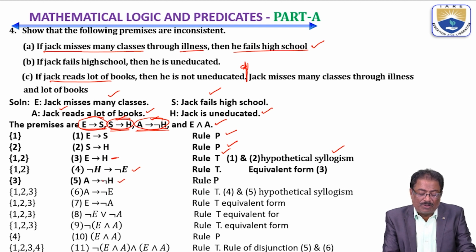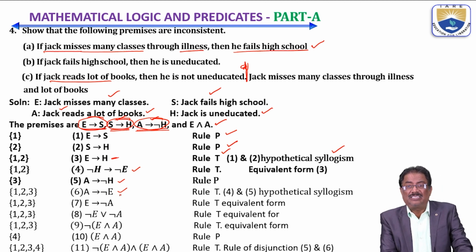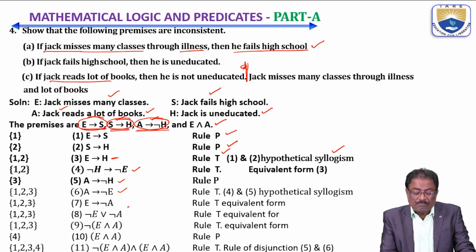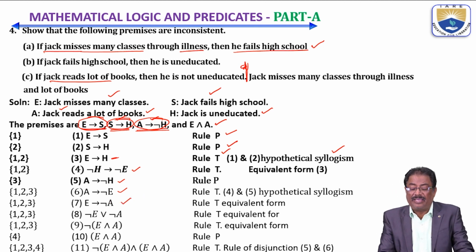And then from A to negation H and negation H to negation E, we are going to apply hypothetical syllogism. Then we get A to negation E. Then once again, by taking the contrapositive of 6, we get E to negation A, the equivalent form.